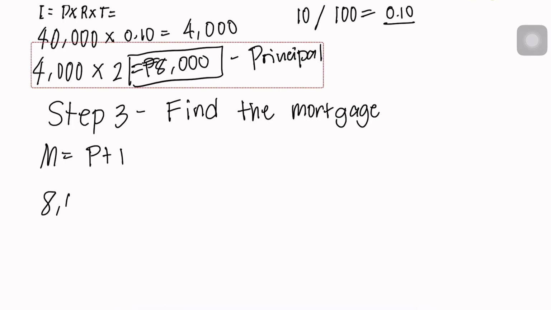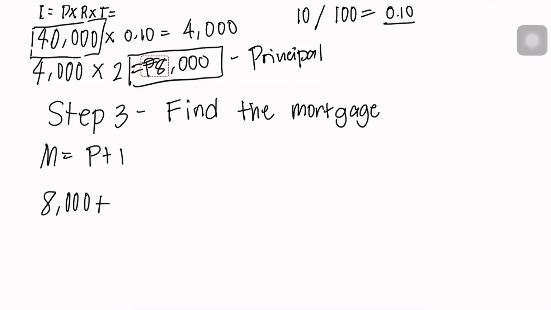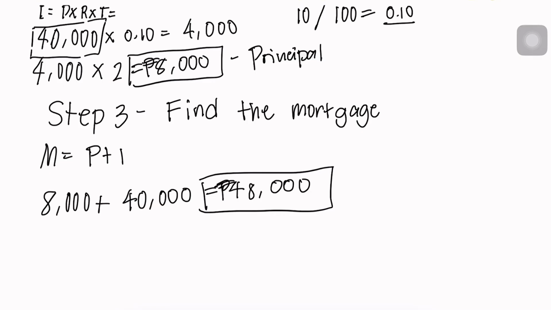So our principal is 40,000 and our interest is 8,000. It just got swapped, guys, but it's okay. Now add them and it will become 48,000. So that's our mortgage. So that's our answer for our example number 1.